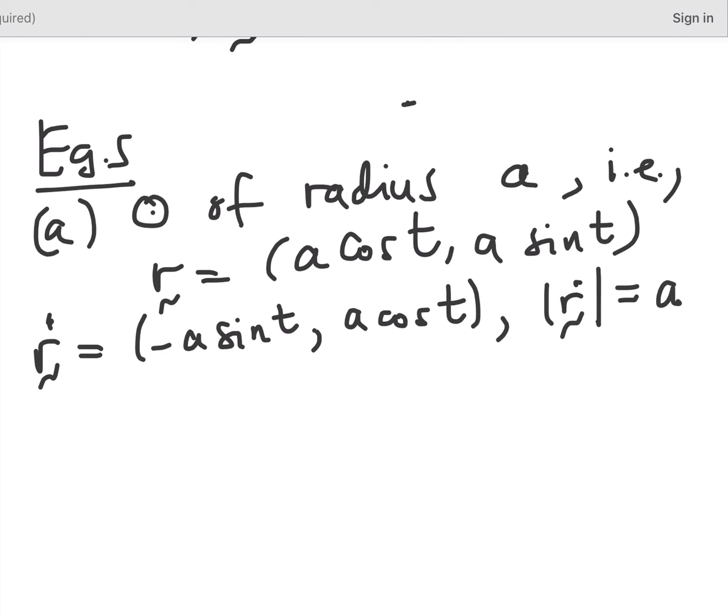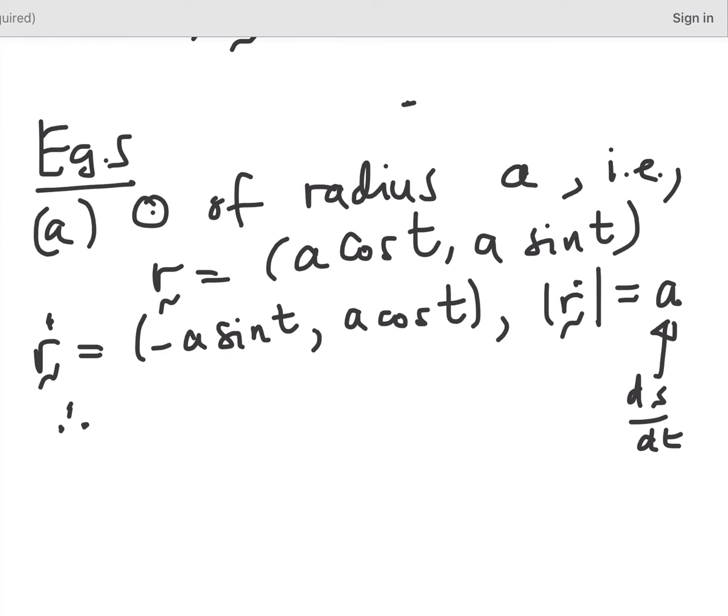And a is positive, of course, the radius of the circle. Incidentally, this would of course be ds/dt also, because ds/dt is the mod of dr/dt. Keep that in mind. That will come up quite often.